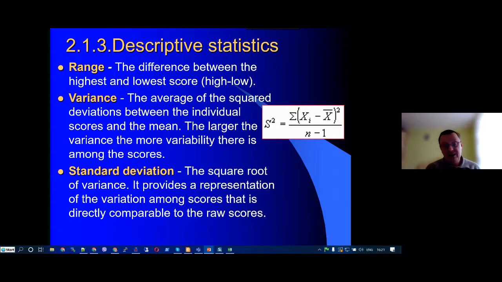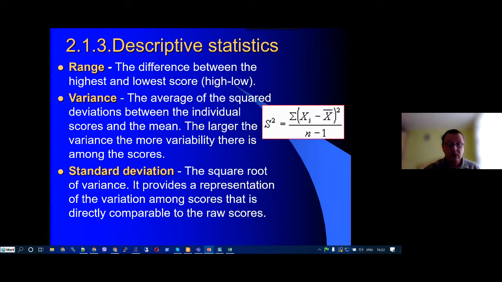So a few parameters have to be calculated to represent variability of a sample or population, and the simplest is range, the difference between maximum and minimum. The interquartile range I already presented. Other conventional assessments are variance and standard deviation, which is in fact the square root of variance, and variance is actually the squared deviation between individual scores and the mean. The larger the variance, the more variability there is among scores.